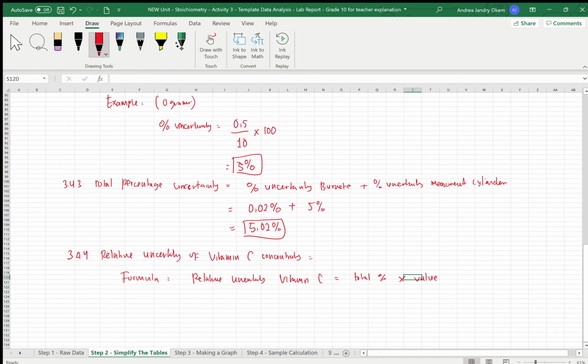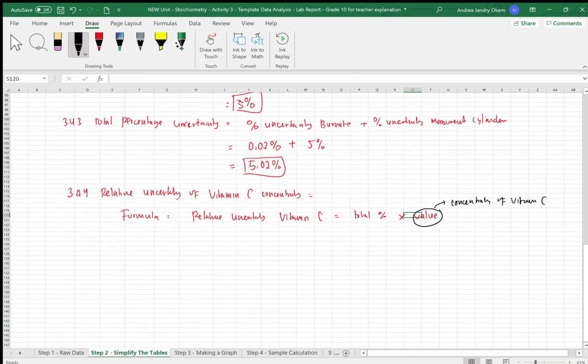Now, what is the value? The value here belongs to the concentration of vitamin C. But we have 5 variations. So in the sample calculation, we need to mention the variation that we are going to put as the sample, for example, 0 grams.